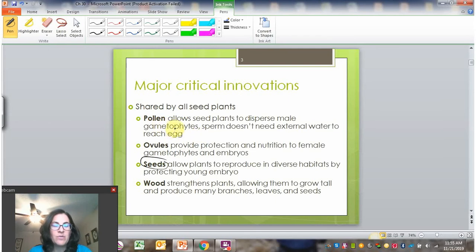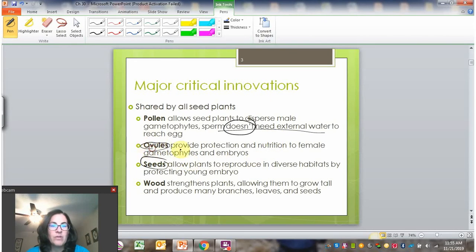It's going to allow the seed plants to disperse that male gametophyte. And the big advantage to this is that the sperm will not need external water. Remember that the pteridophytes, the lycophytes, and the non-vascular plants all had to have external water for their sperm to travel in. That won't be true for the seed plants because the pollen will carry the sperm to the female.